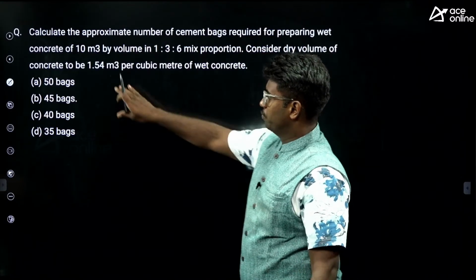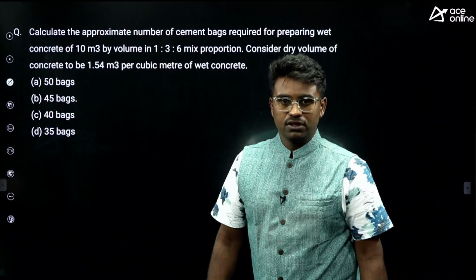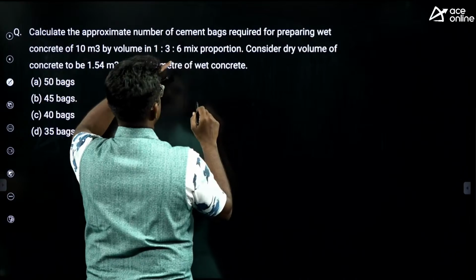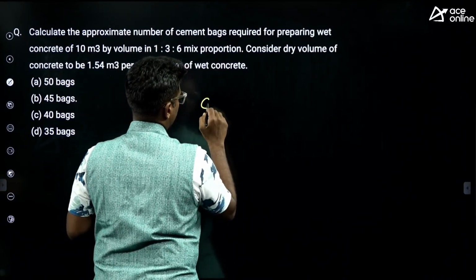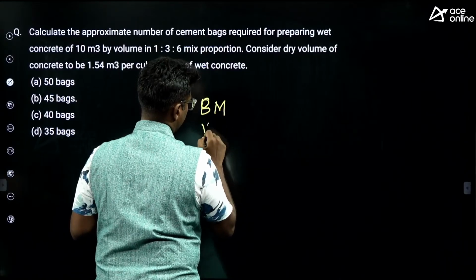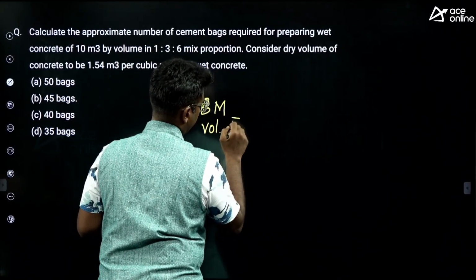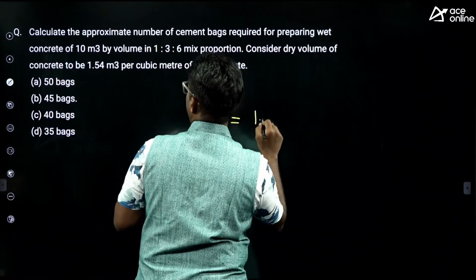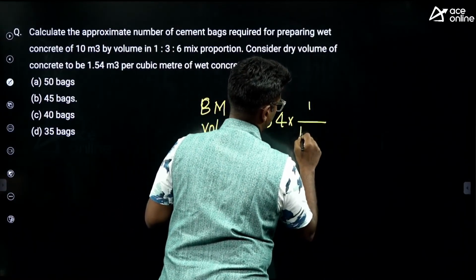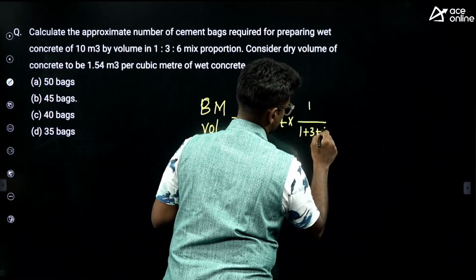Directly given 1.54. From this you can directly calculate for cement, nothing but binding material. Binding material volume will be 1.54 into 1 by 1 plus 3 plus 6.